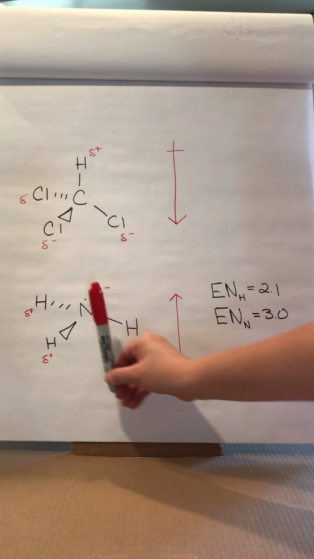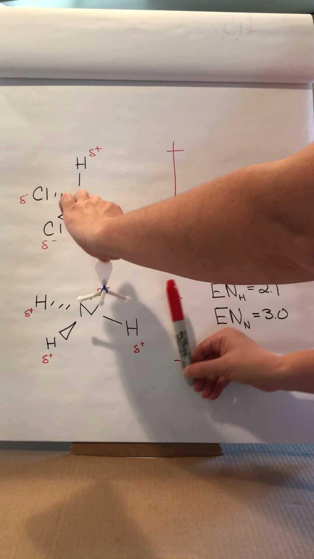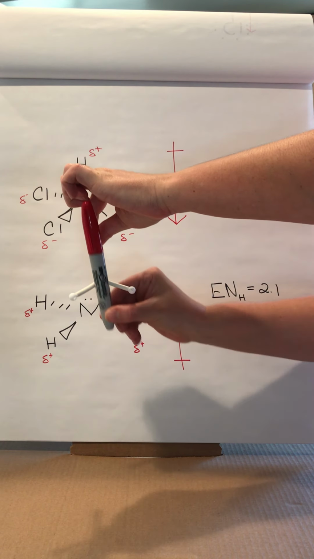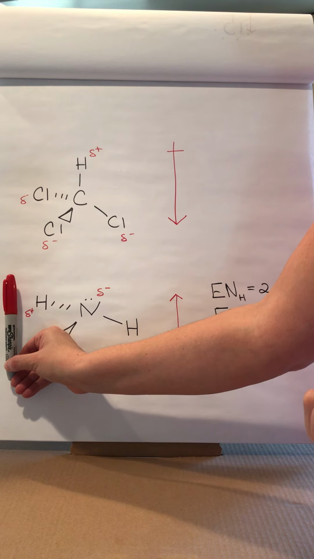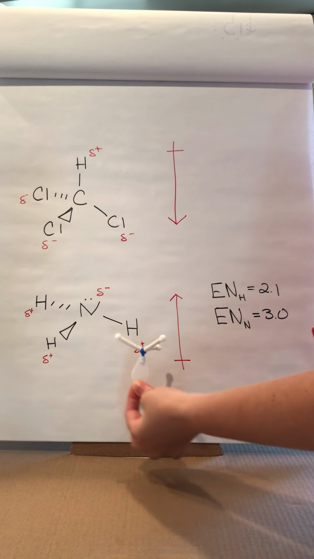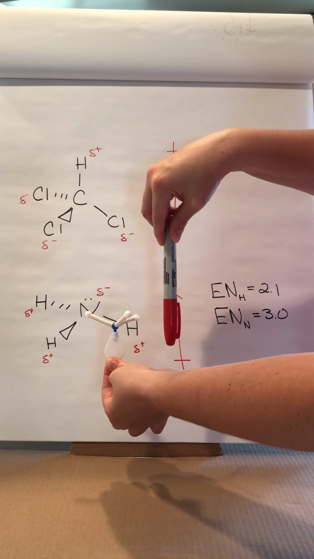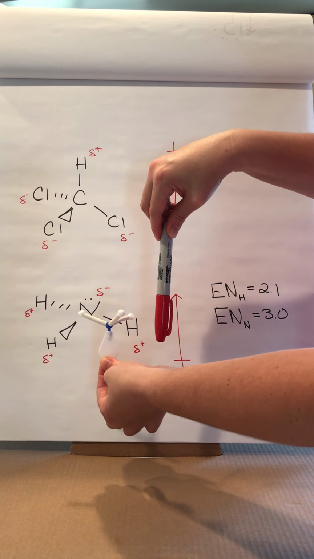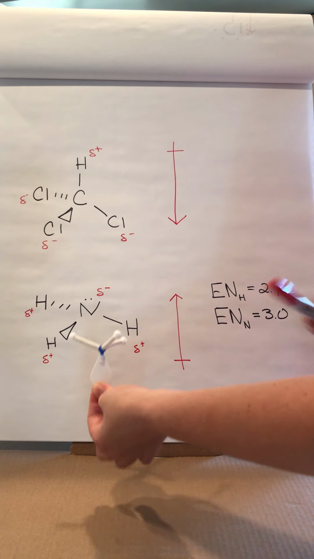Now you can see I drew the dipole moment off to the side over here. You could put it going right up the center of the molecule like that, or off to the side like that. Now what would happen if I turned it upside down? Well, the dipole moment would turn upside down too, to indicate that we had flow of electrons towards the nitrogen.